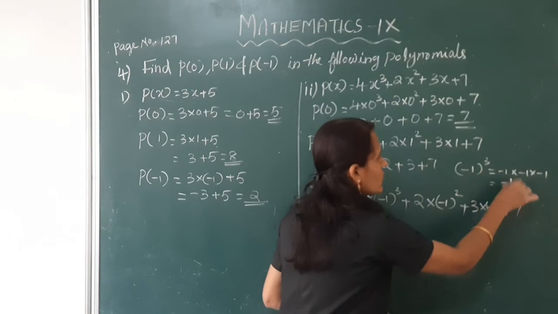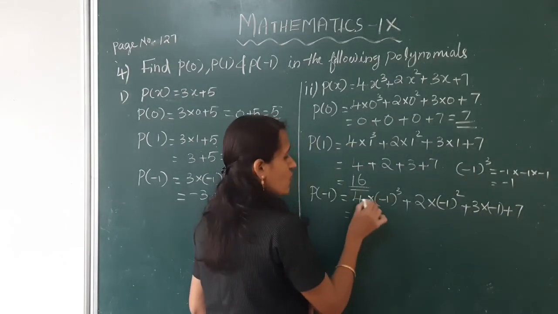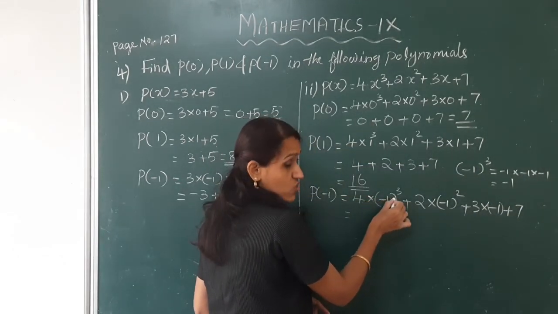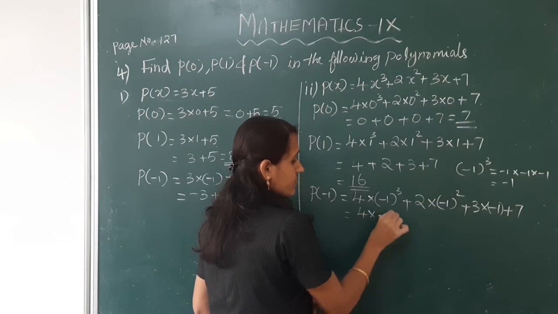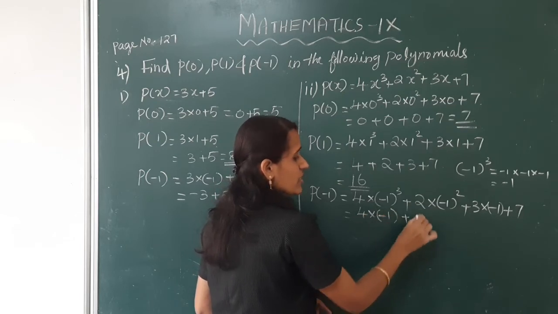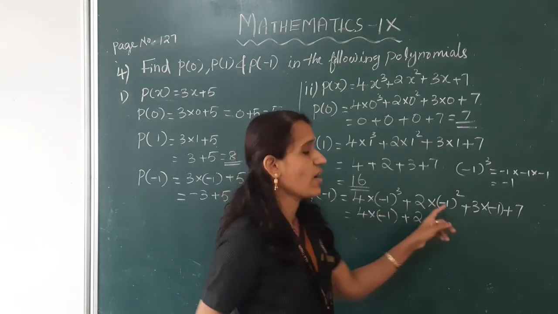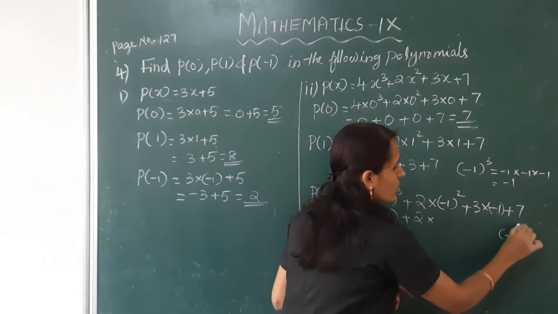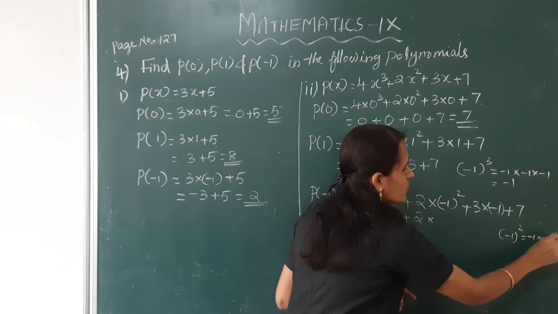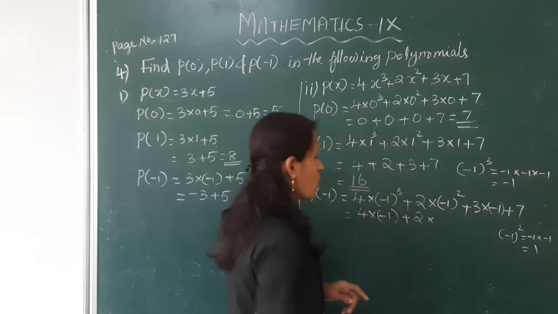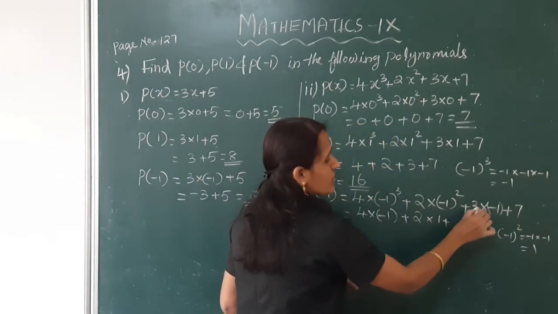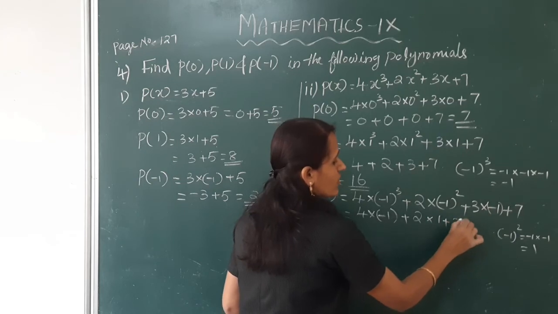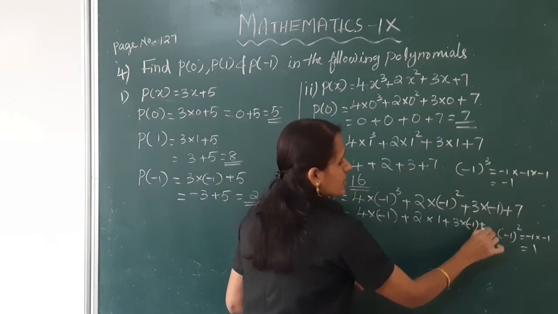This is equal to minus 1. So, 4 into minus 1 plus 2 into minus 1 whole square. Minus 1 whole square is equal to minus 1 into minus 1. This is equal to 1. Plus 3 into minus 1 plus 7.